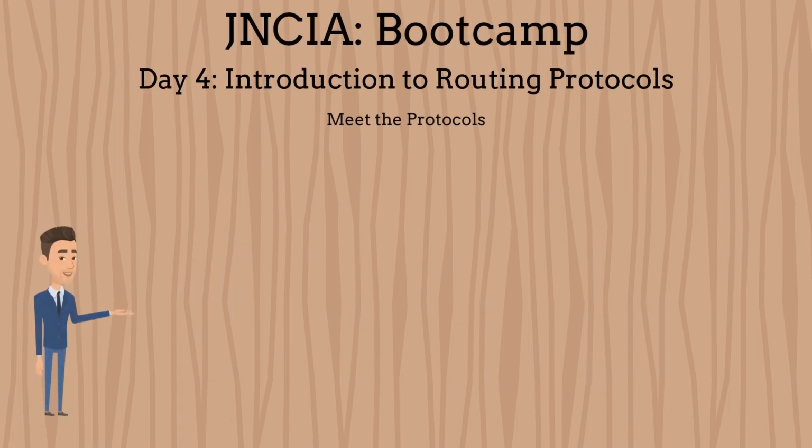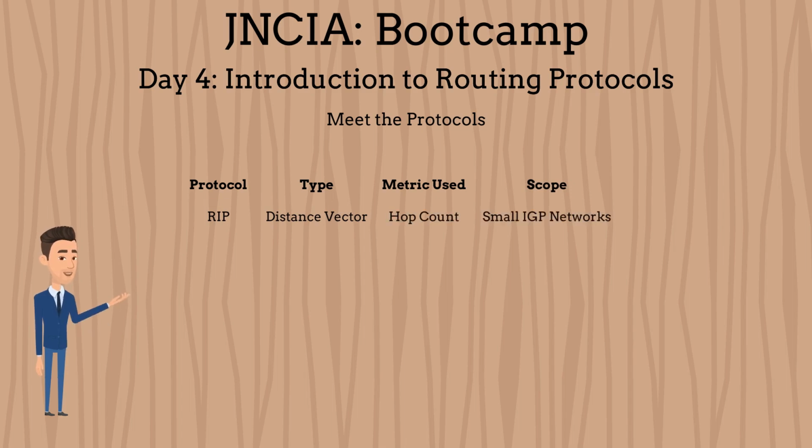Let's do a quick recap of the protocol, the type, the metric used, and the scope. Firstly, we have RIP, distance vector, metric used is hop count, and the scope is small IP networks. Next, we have OSPF. It is link state, the metric used is cost, and the scope is enterprise IGP.